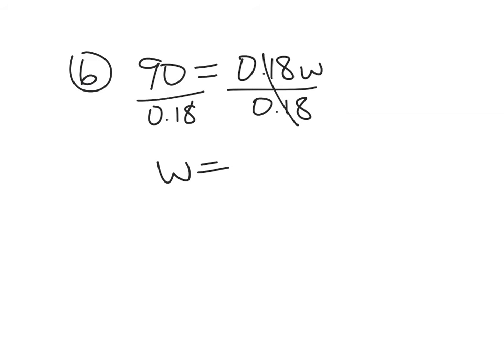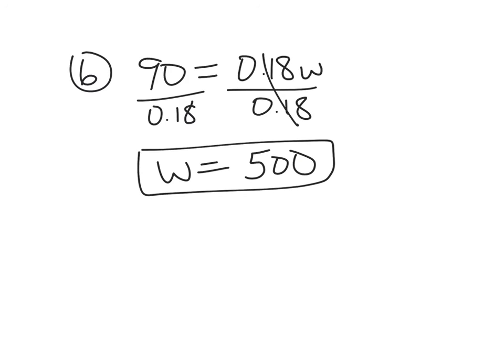So W equals 90 divided by 0.18, which would be? Other way around. Divide the other way. 500. Yeah, 90 would be 18% of 500.